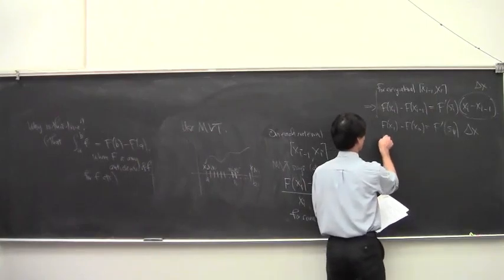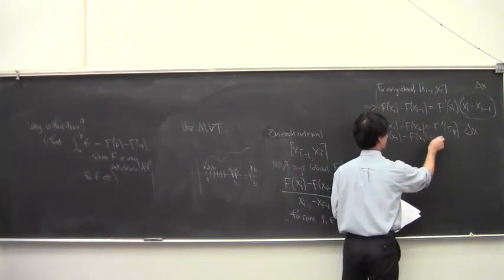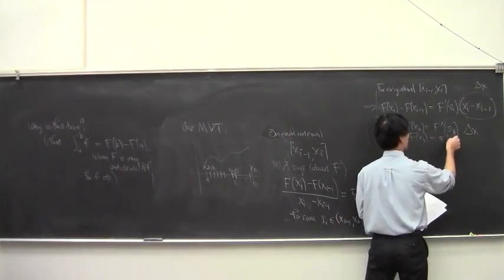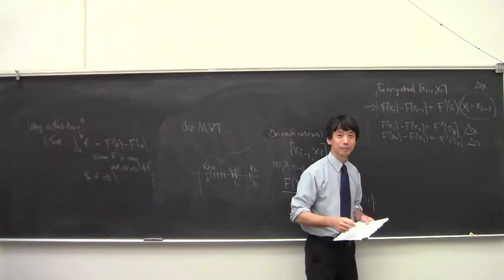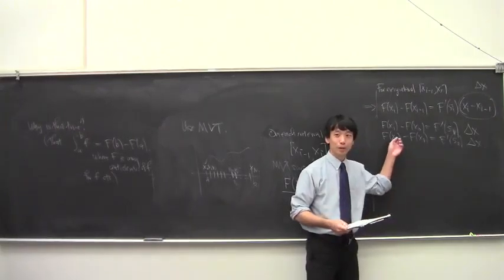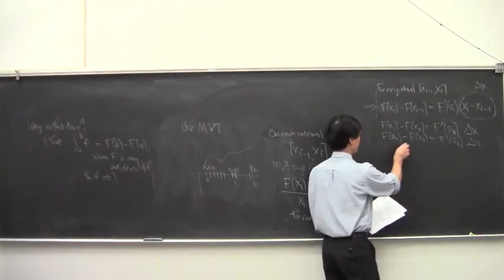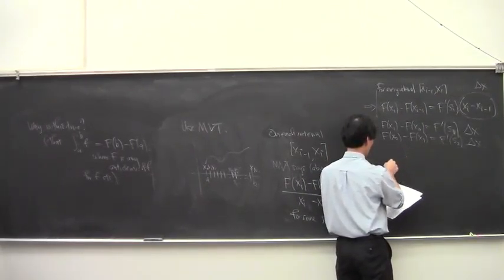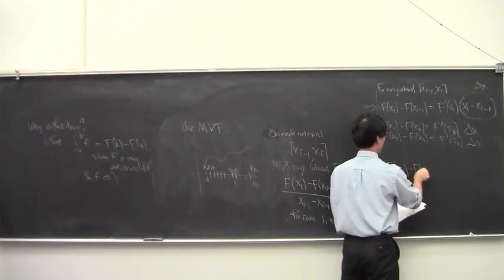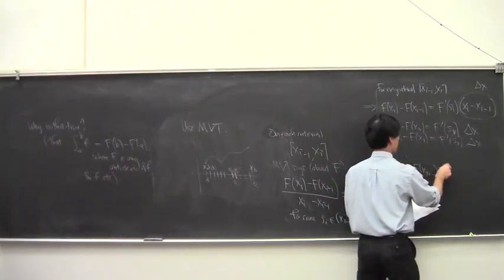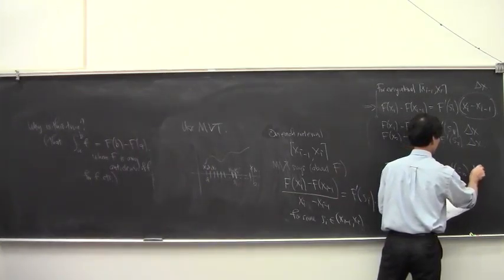It's true for the second interval: F of x2 minus F of x1 equals F prime at some point s2 times delta x. It's true for the third interval, the fourth, the fifth, for all the intervals, up to the last one: F of xn minus F of x_{n-1} equals F prime of sn times delta x.